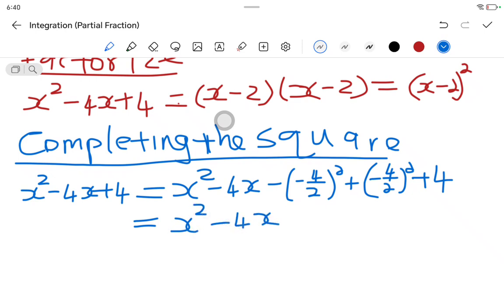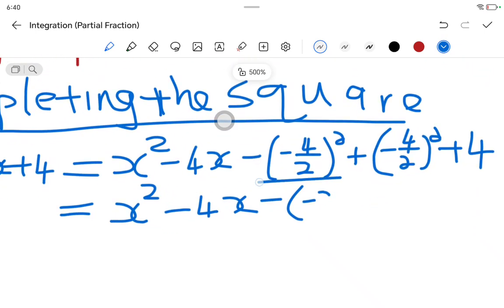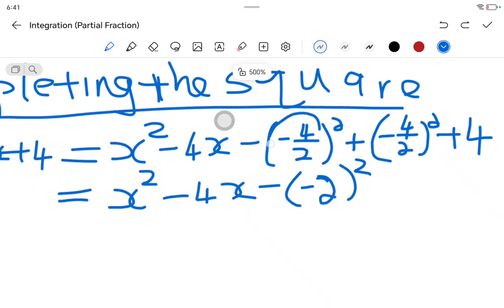No, let's focus on here first. What do you get inside here? I want inside the brackets only for now. You get minus 2 squared. Inside it's minus 2, isn't it? What I'm saying is, what do you get inside here?